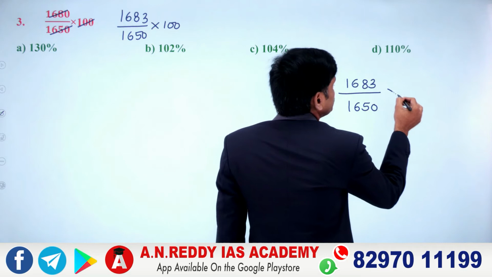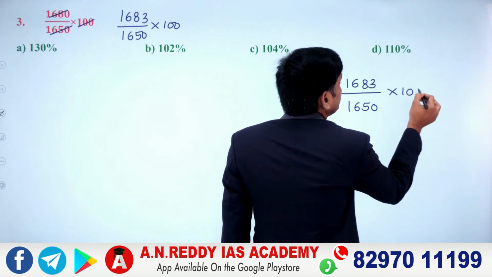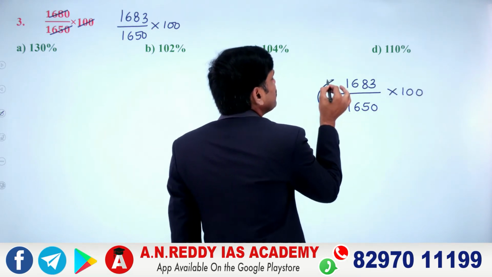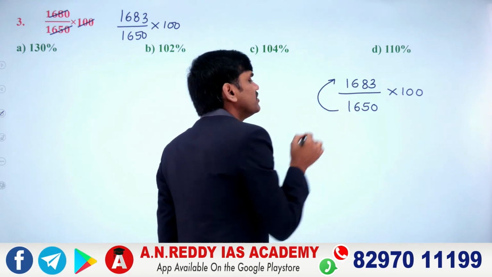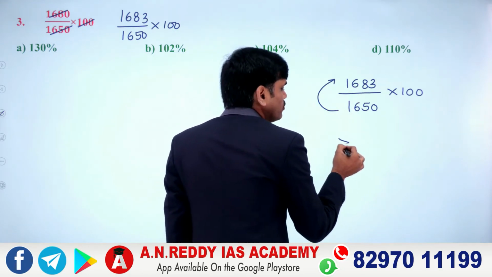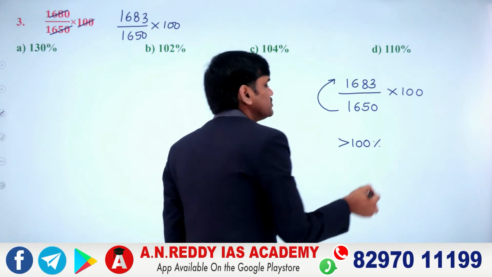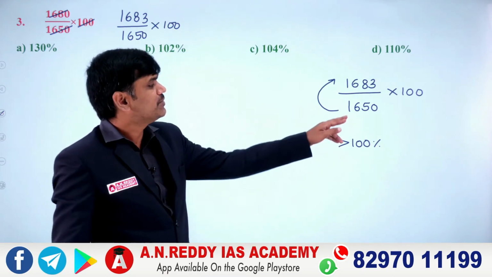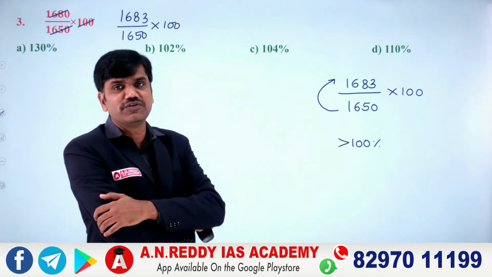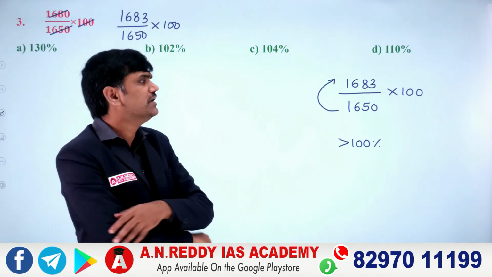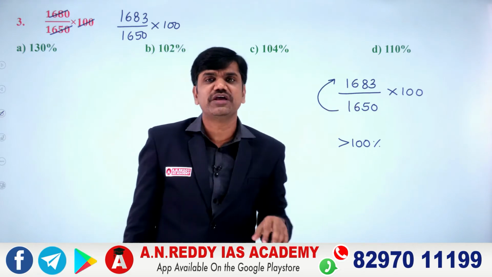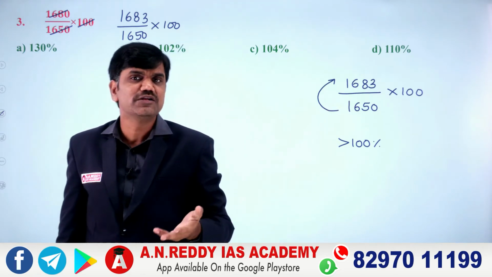So I am very much sure that the numerator is more than the denominator. As it is more than the denominator, my answer has to be more than 100%. That is the first thing I should understand, because 100% of 1650 is 1650 only. And as it is more than 1650, I can say that my answer is more than 100%.